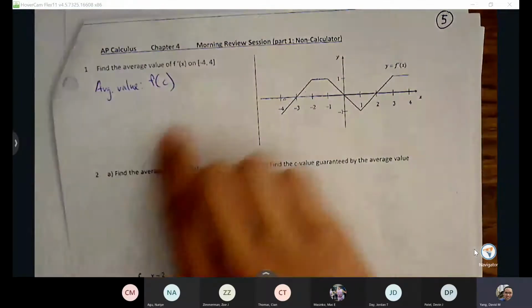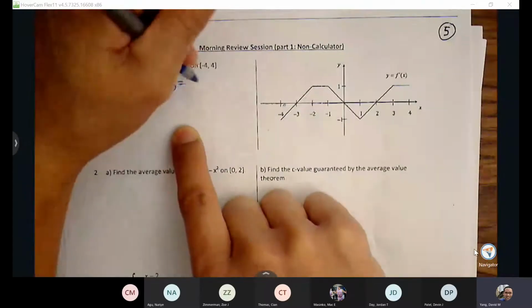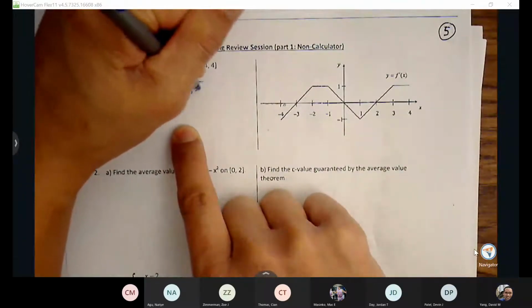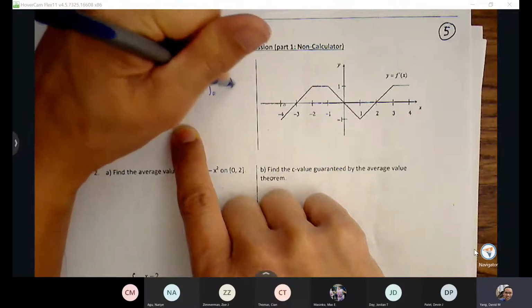Basically, average height, formula for average height, 1 over b minus a, integral from a to b of f of x dx.